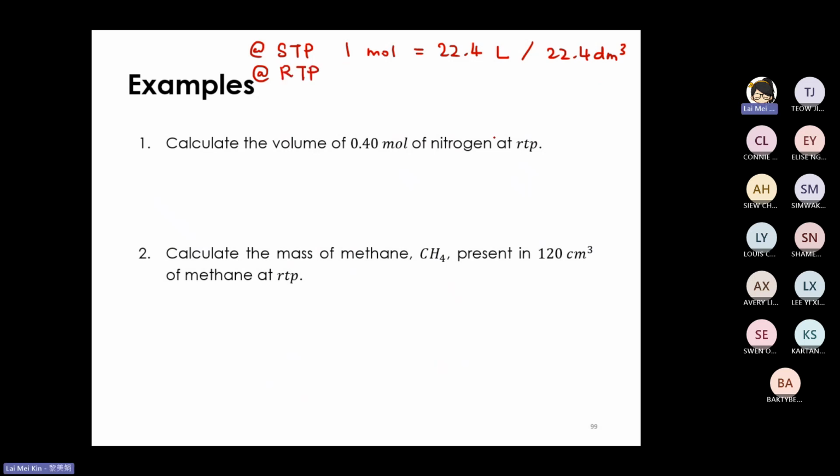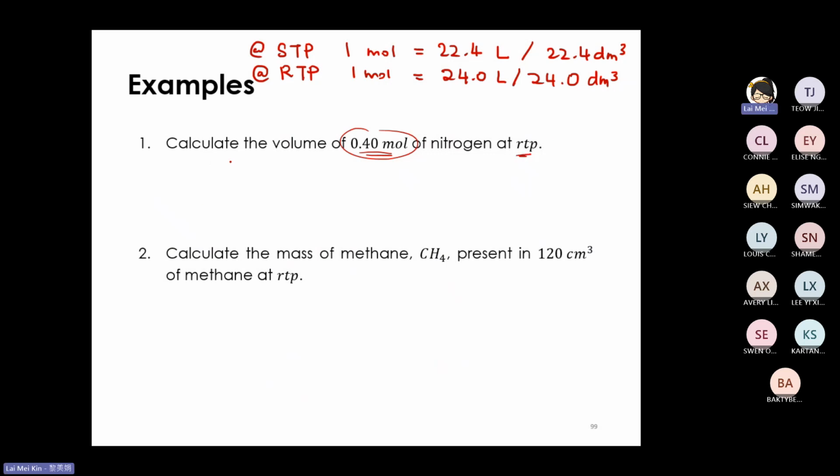RTP, room temperature and pressure. At room temperature and pressure, 1 mole is 24 liter or 24 decimeter cube. So the first question: calculate the volume that is occupied by 0.04 mole at RTP.